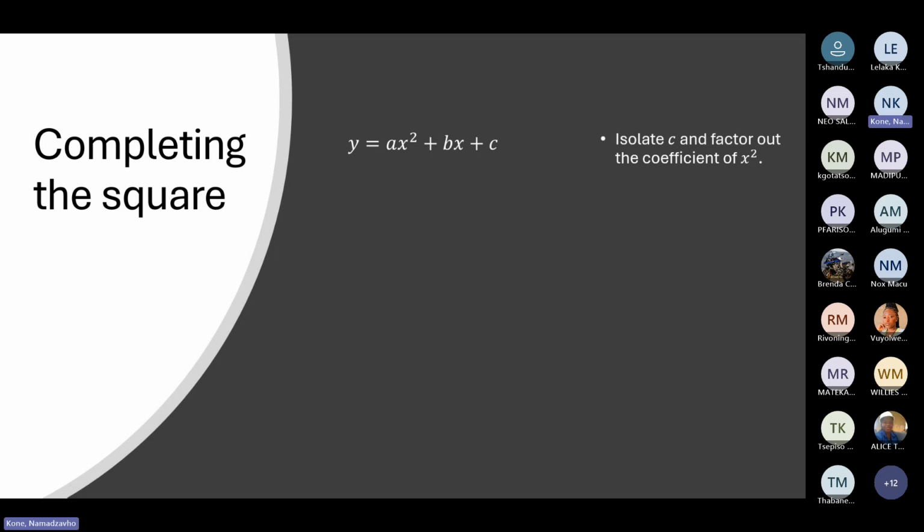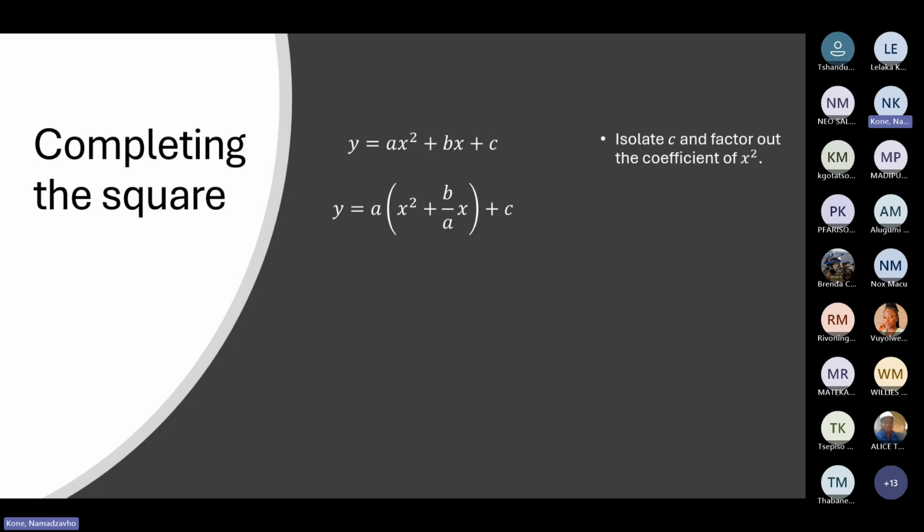Then you factor out the coefficient of x squared. Checking this expression, the coefficient of x squared is a. So you isolate c, take ax squared plus bx, and take out a common factor of a only. When you do that, you will get something that looks like what is on the screen here.